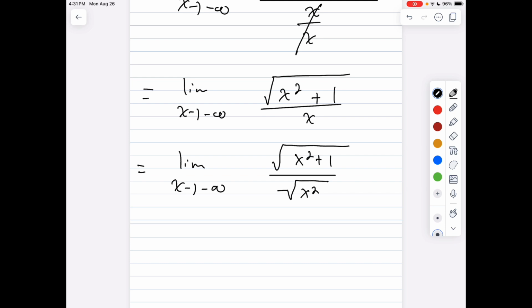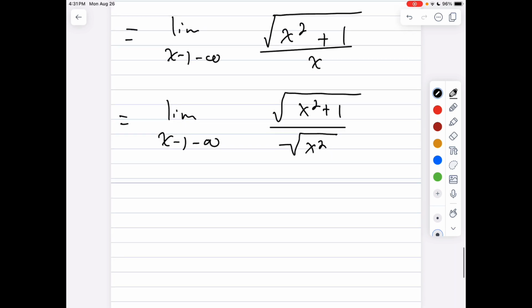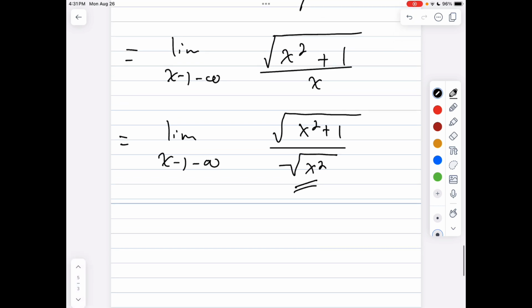Almost. The reason this is almost is as follows. If you square something and you take the square root, your answer comes out to be positive. Well, we're going to negative infinity. This x that you see should be a negative value. But when I rewrote it with that square root, the result is now just positive.